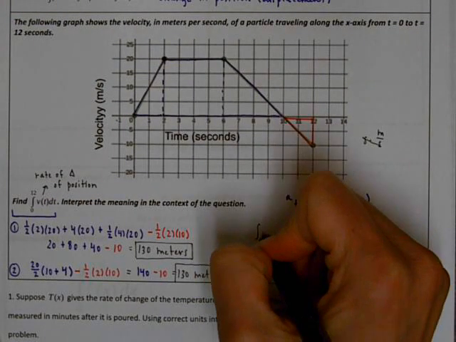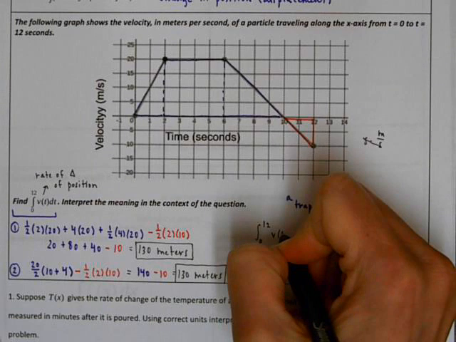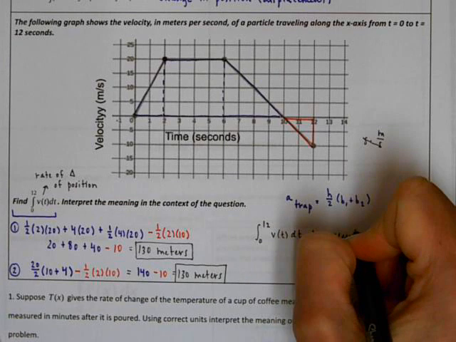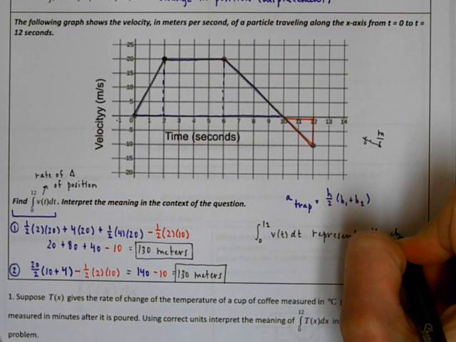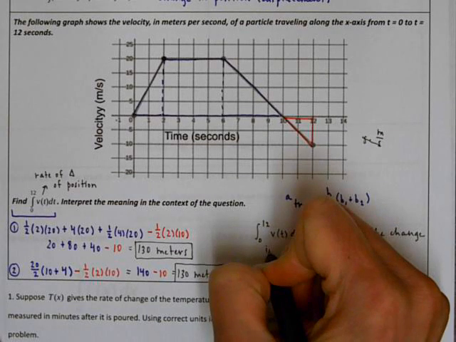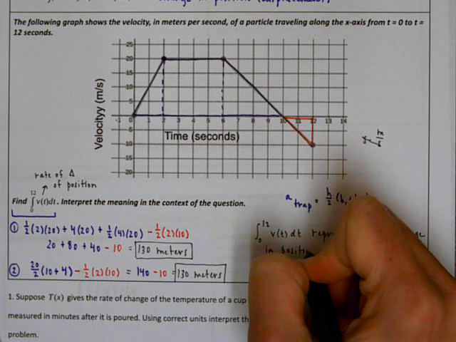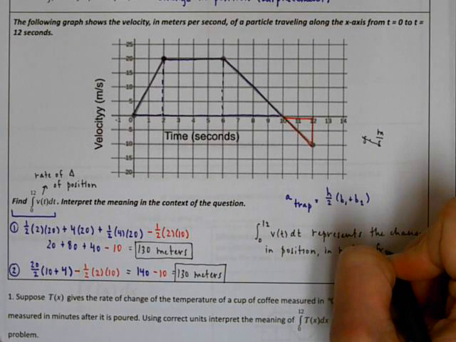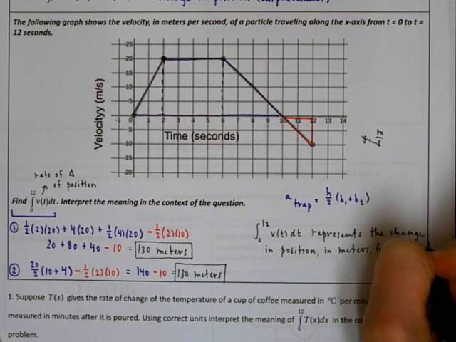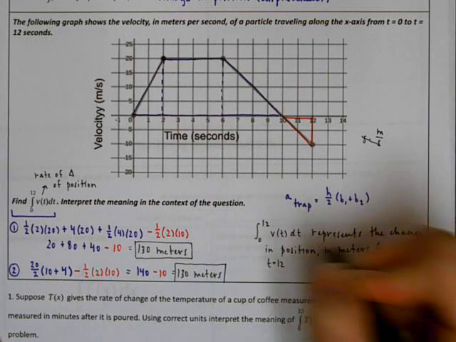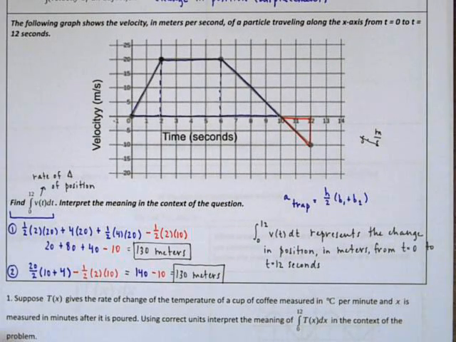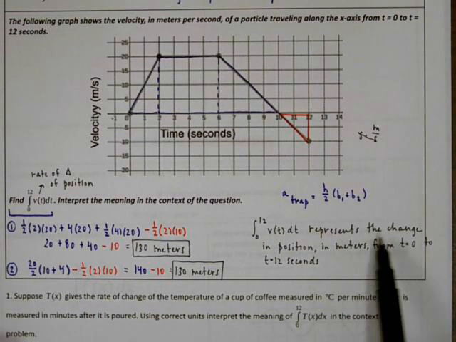So we would say that the integral from 0 to 12 of v of t dt represents the change in position in meters, we're including units, from t equals 0 to t equals 12, and our time was in seconds. So that's what the integral represents. It represents the change in position over that time interval.